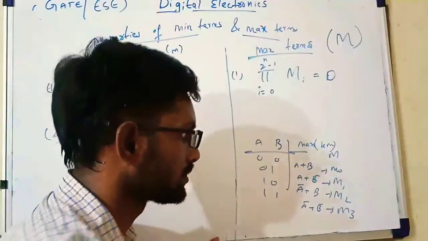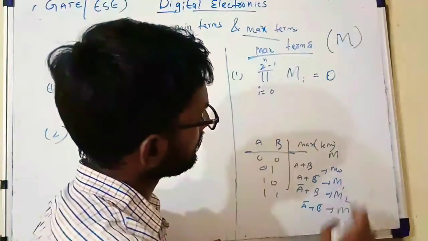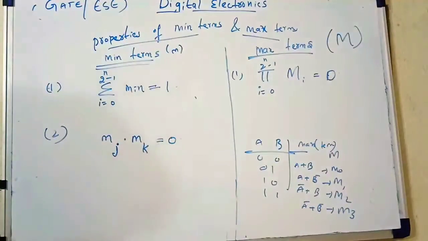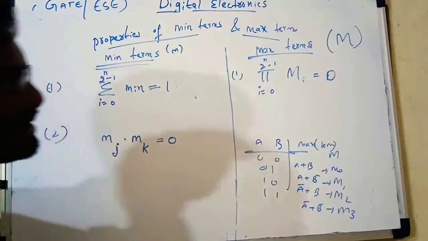Let us take two terms. If we add any two max terms, we will get the value as 1.